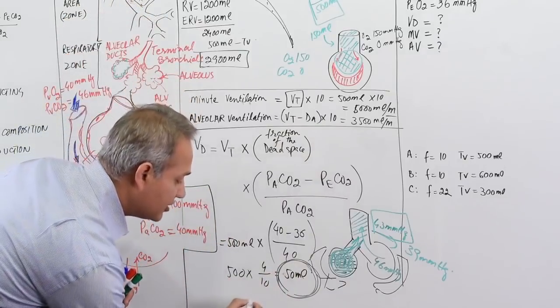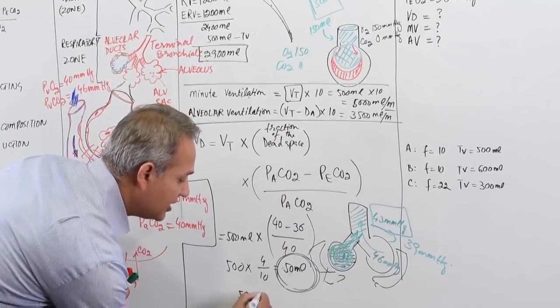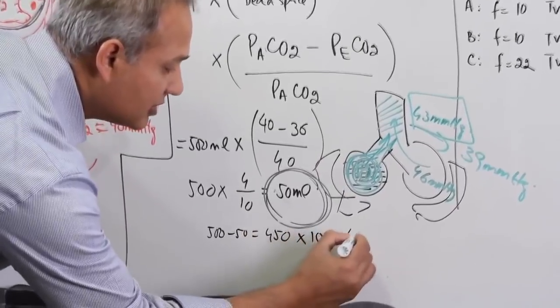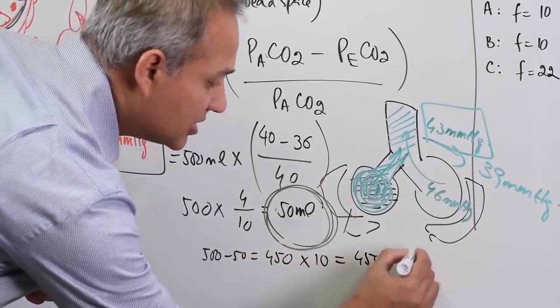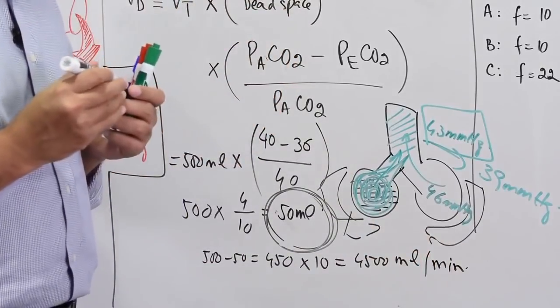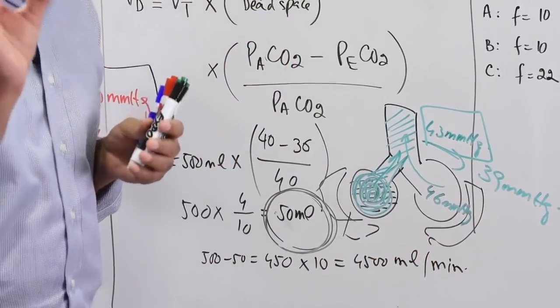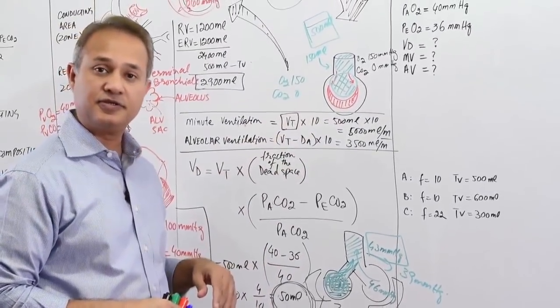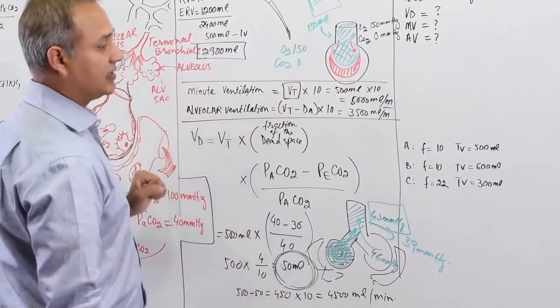You'll take 500 minus 50 equals 450, multiply it with 10 equals 4500 milliliter per minute. That is the alveolar ventilation. What was the minute ventilation? 5000 milliliter. So that is how you calculate that.